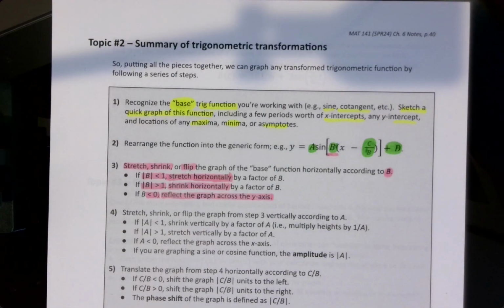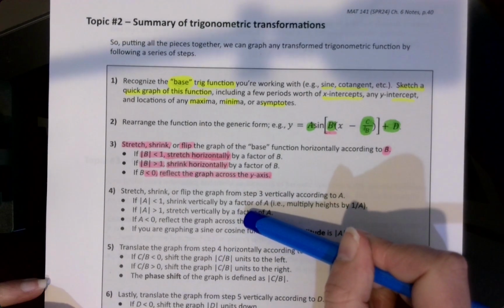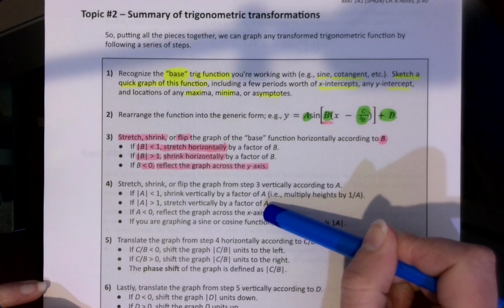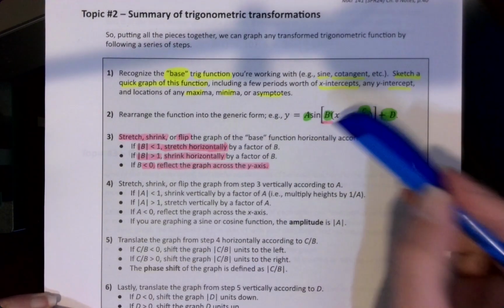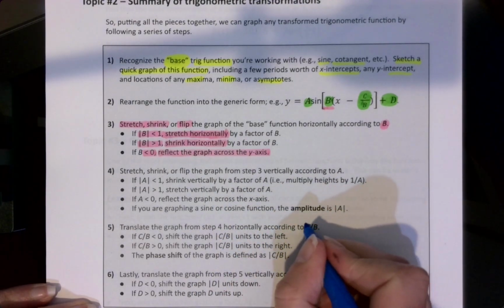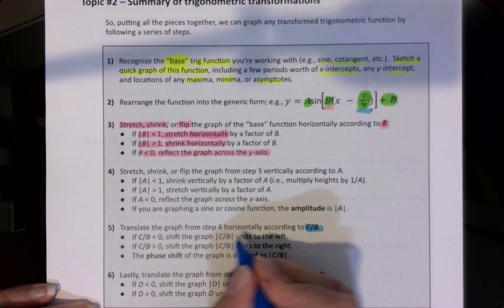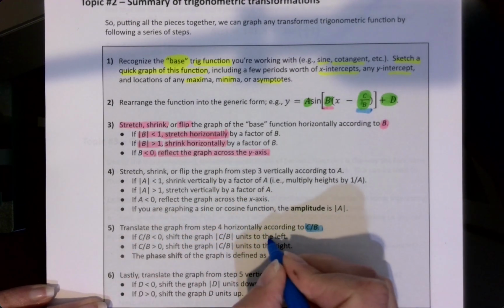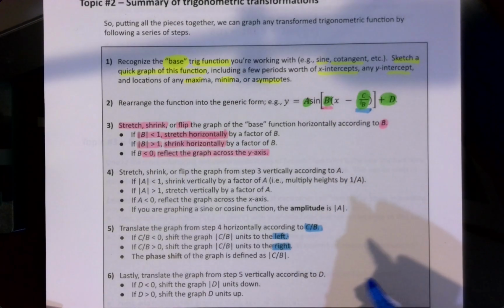Now, the order of the next couple of steps is up to you. You can do your vertical stretches and shrinks next. I tend to continue on the inside, so I would do my shifts, translate the graph according to the c over b, and that's going to be to the left or to the right, depending on how big that value is.